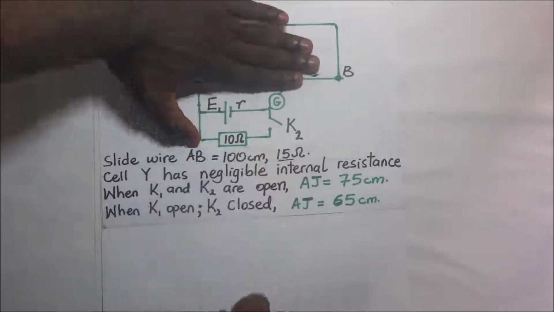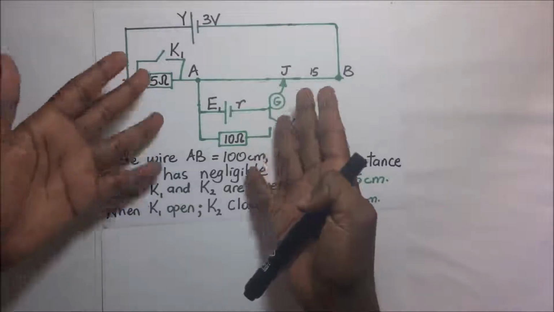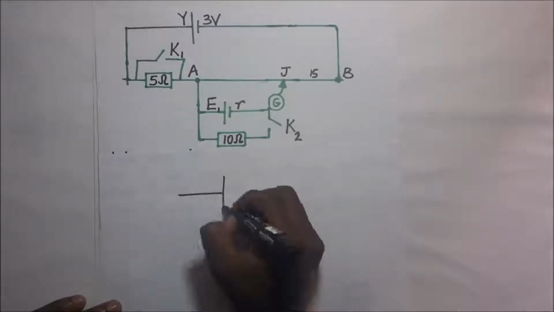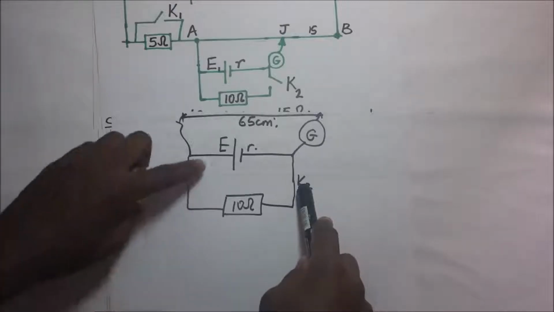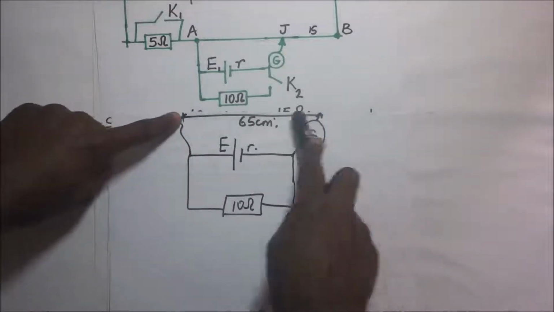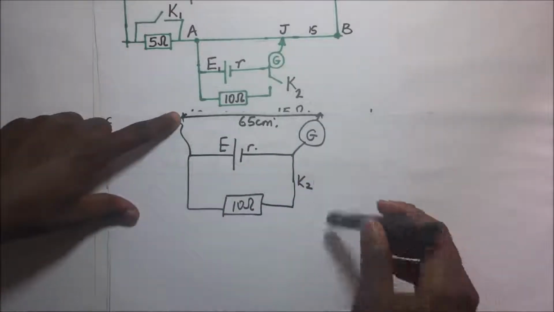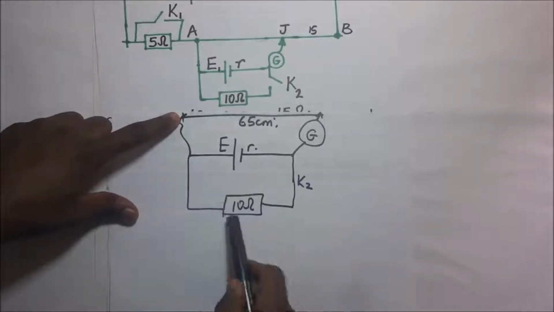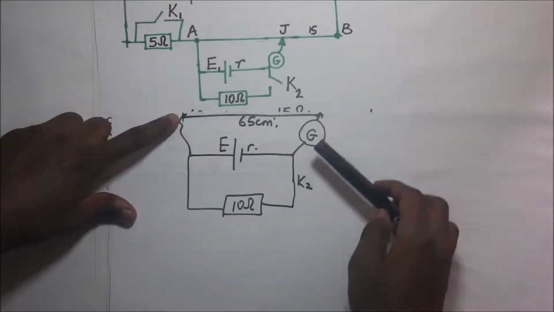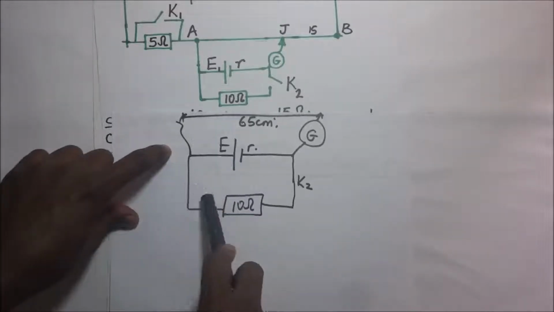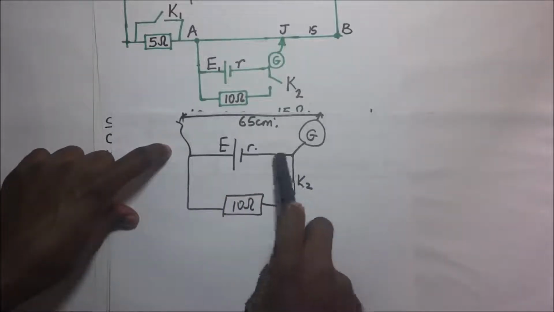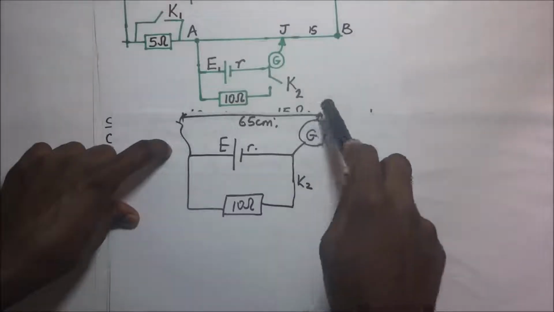If I were to remodel this diagram, this is how it would look. K2 has been closed. The galvanometer is here, and this is the slide wire up here. K2 has been closed, so it means that the 10 ohm resistor has come into the circuit, and we know that current flowing out of this cell is simply coming through like that. No current is going through the galvanometer.